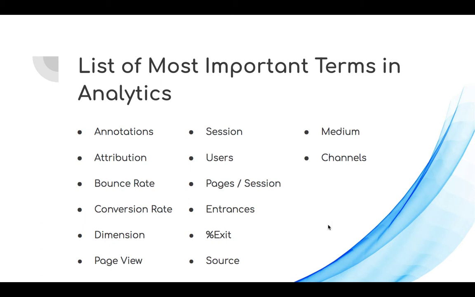If you look for metrics and terms in analytics, sometimes people have a very long list of 50 to 100 terms, but you need not go to that level. Right now, as we are learning analytics, these are the most important terms. So let's have an in-depth look at each of these terms.